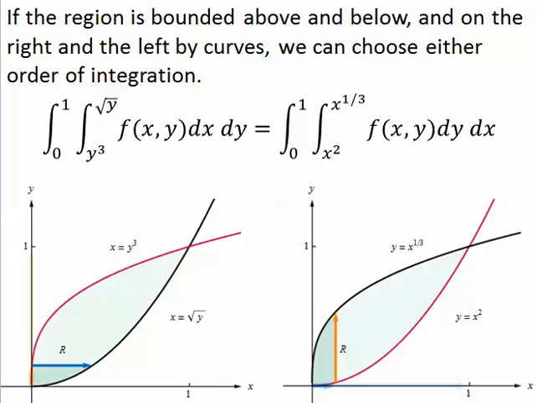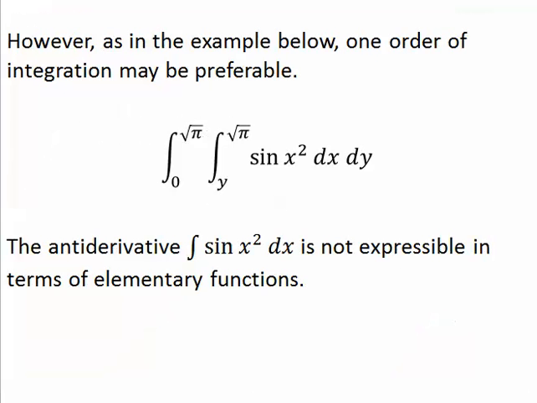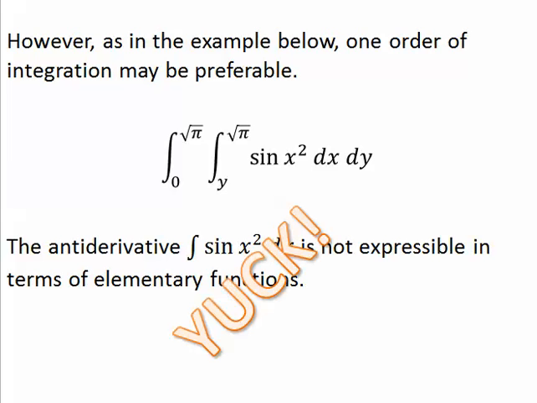If the region is bounded above and below and on the right and on the left by curves, we can choose either order of integration. However, as in the example below, one order of integration may be preferable. The way given is certainly not preferred.